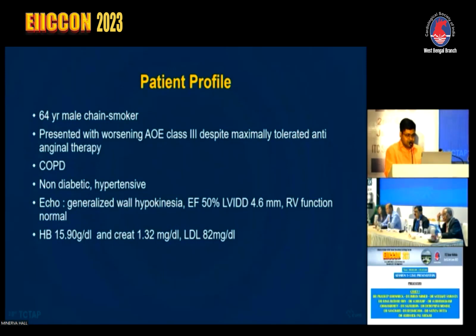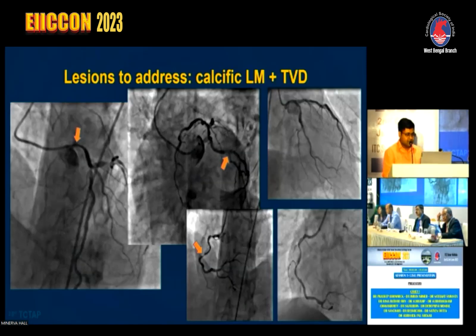We did the angio and it revealed left main triple vessel disease. There was tubular left main disease with calcification and also disease in the LCX as well as diffuse disease in the RCA. So this gave us the first option of CABG and we promptly looked for a LIMA.